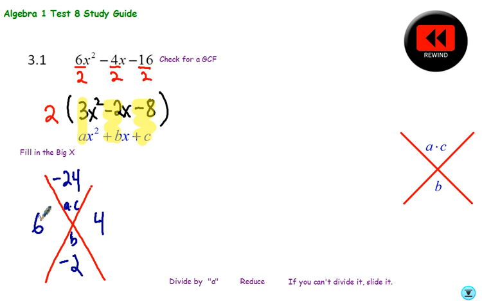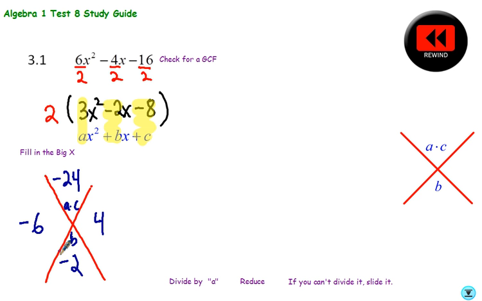And this is always the tricky part of trying to figure out, okay, which one do I make negative? Well, look at the bottom number. The bottom number tells you there's more negatives left over. So if there's more negatives left over, there must have been more negatives to begin with. So one thing to remember on these is that when the signs are different, you look at the bottom: the sign of the bigger number and the sign of the bottom will match.